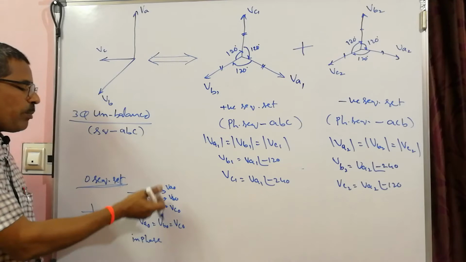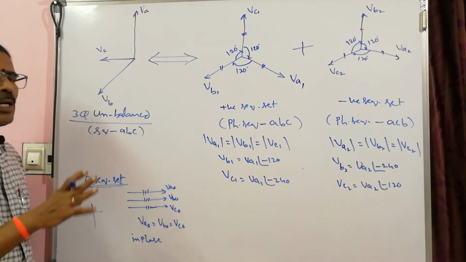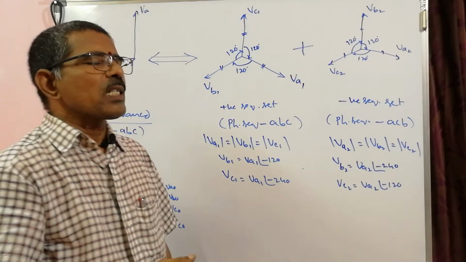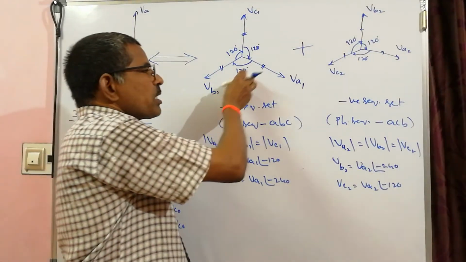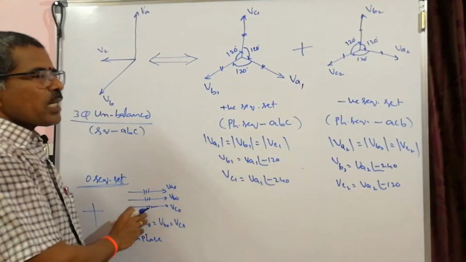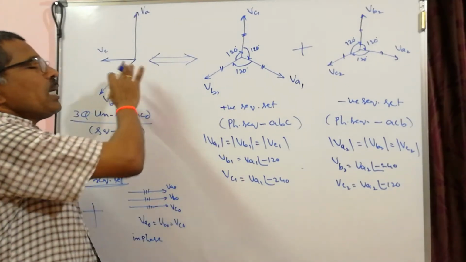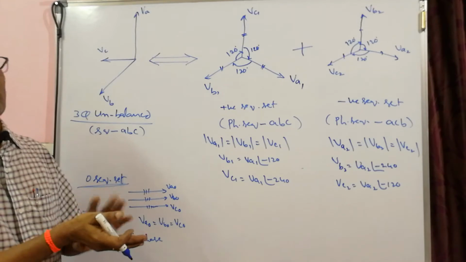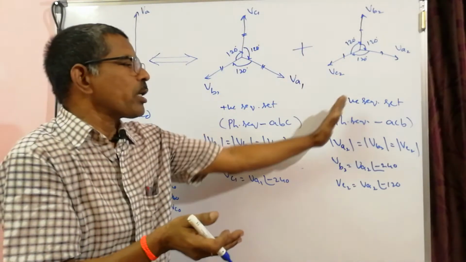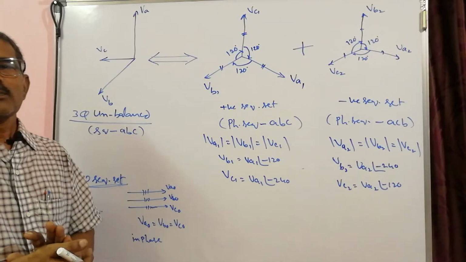Then VA0, VB0, VC0 refer to the zero sequence component set of the original unbalanced system. So, positive, negative and zero sequence sets, if you add up, you get the original unbalanced system, or vice versa. The original unbalanced system can be resolved into the three groups. Okay.